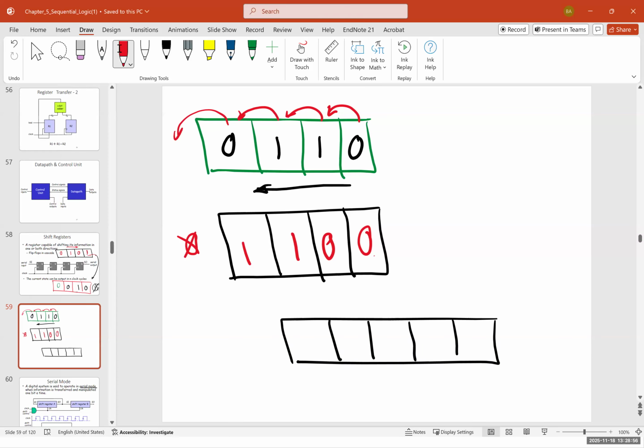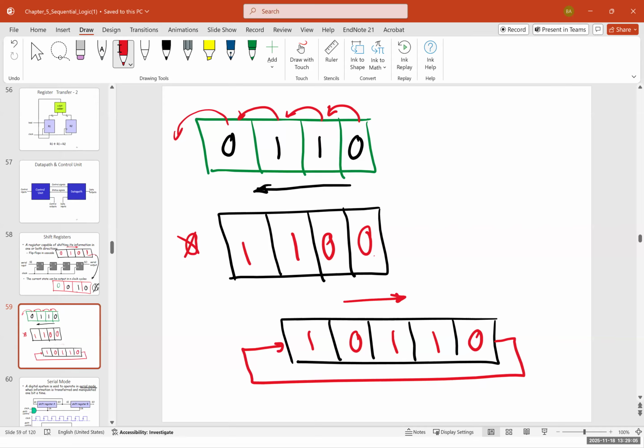We have another type of register as well. Imagine this is a 5-bit register: 1, 0, 1, 1, 0. This one also shifts to the left, but it has a closed loop. Whatever falls off from the bit at the most right is placed in the bit at the most left.